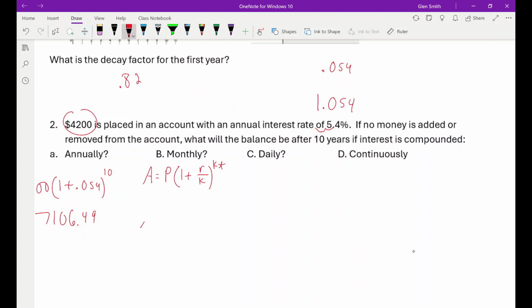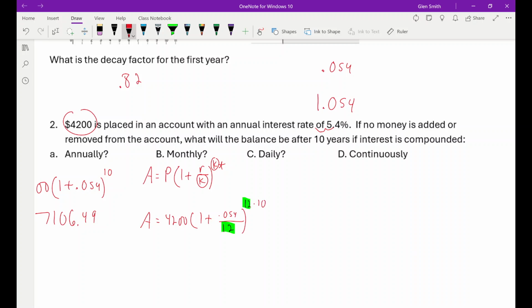So for B, the amount of money in that account is the 4,200 that we've invested times 1 plus the rate is 0.054, and if it's compounded monthly, that's 12 times a year. And we raise that to the 12. This number on the bottom is always the same as this number here. Okay, so if there's a 12 down here, there's a 12 right here. And it's for 10 years, so we put a 10 up here.